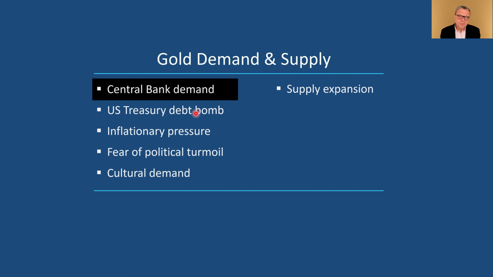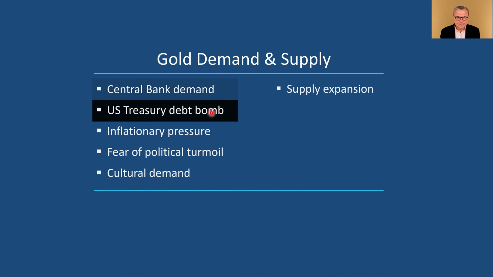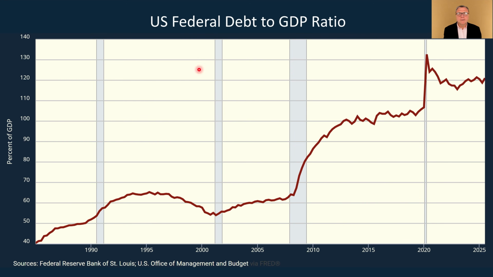What about the US Treasury debt bomb, and what do I mean by that? Well, here we have US federal debt as a proportion of GDP. And we can see that the last time the US had an administration with a really responsible attitude to the amount of federal debt was the Clinton administration. In the GFC, total federal debt surged, and there was no real attempt to bring this back to a more responsible level, such as there was in other periods where federal debt surged, like in the Second World War.